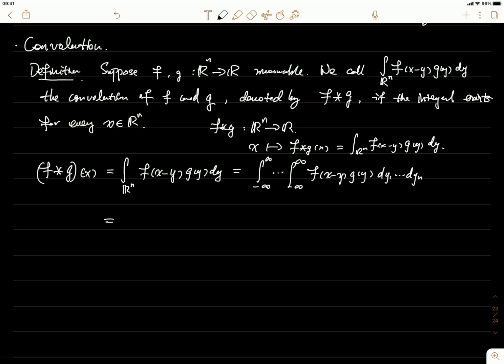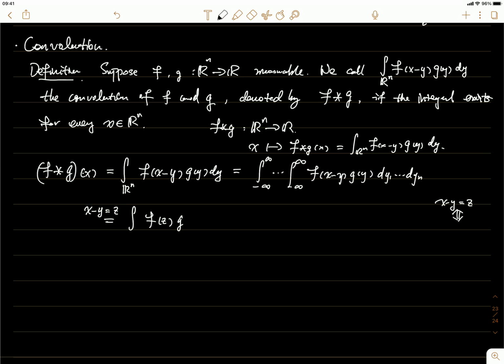All right, so in this case, we can do a change of variable. For example, we can set x minus y equals z, and in this case, this will become the integral of f of x minus y, which becomes f of z, and g of y. So the x minus y equals z means that y equals x minus z, right?